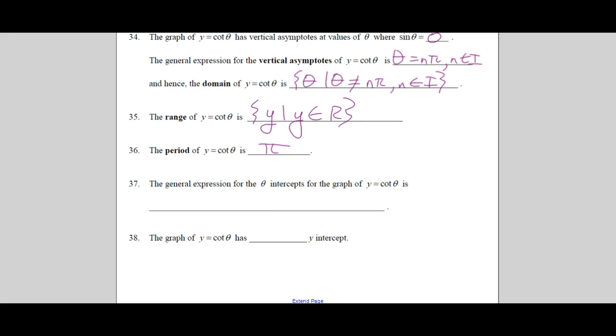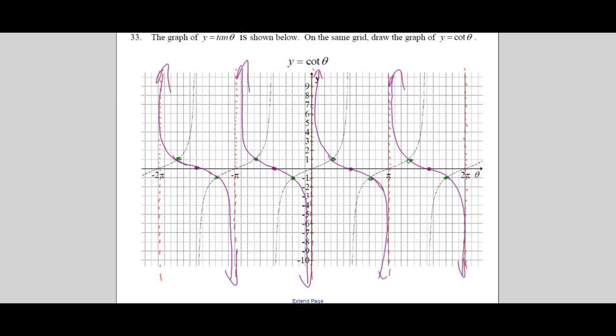General expression for the theta intercepts. Let's go look at it. Looks like pi over 2 plus n pi, because if you think about it, cotan is x over y, which is cos theta over sine theta. So it'll be 0 when cos theta is 0, which by now we're starting to figure out is pi over 2 plus n pi, and sine theta is 0 at n pi.